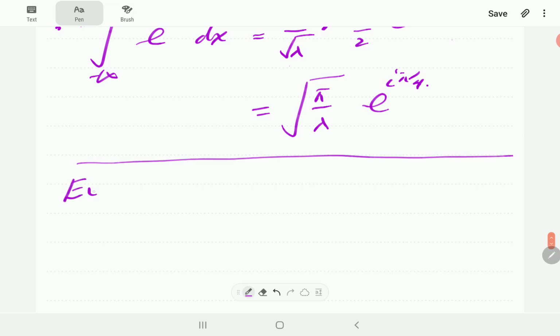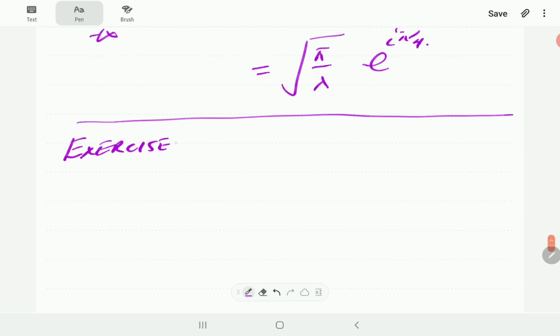On the other hand, you are going to derive the related result. So just a small modification here: e to the negative i lambda x squared dx.